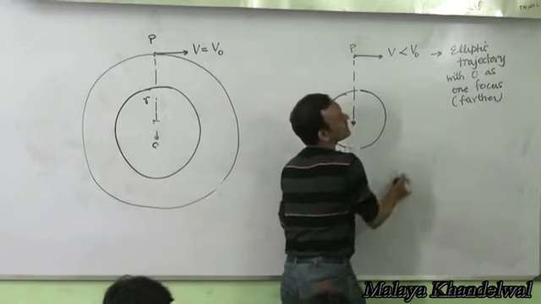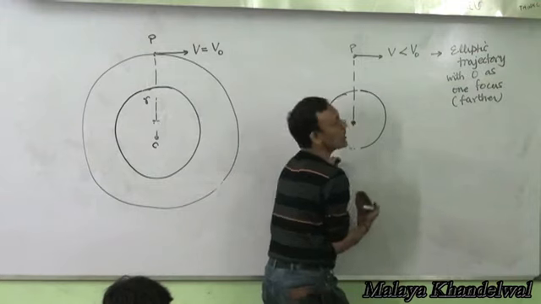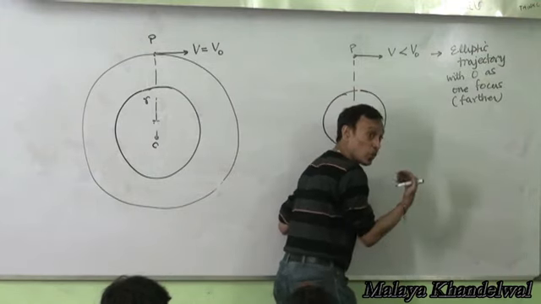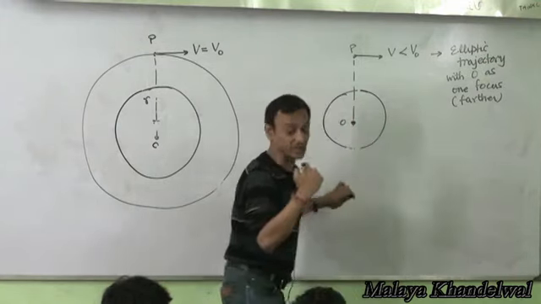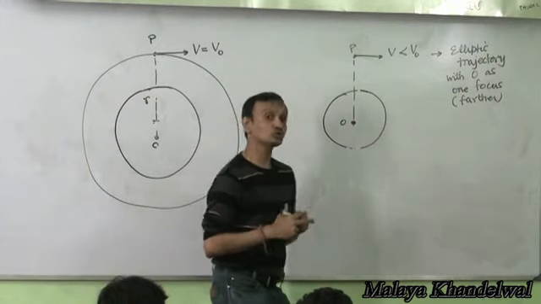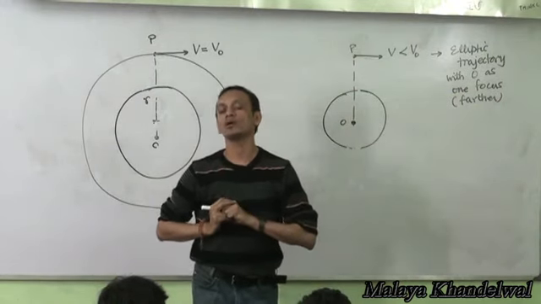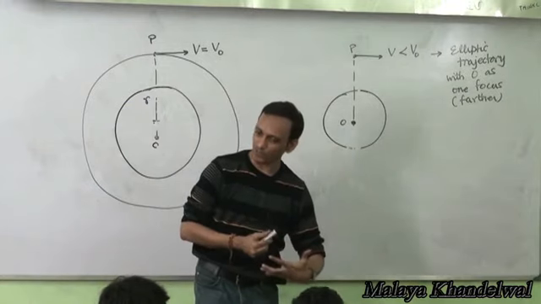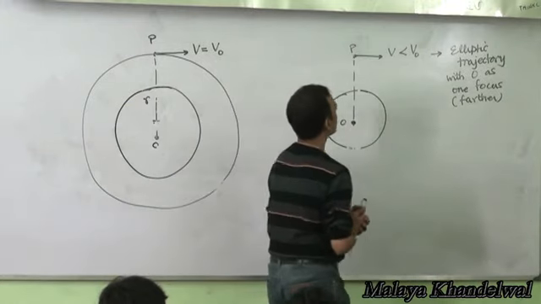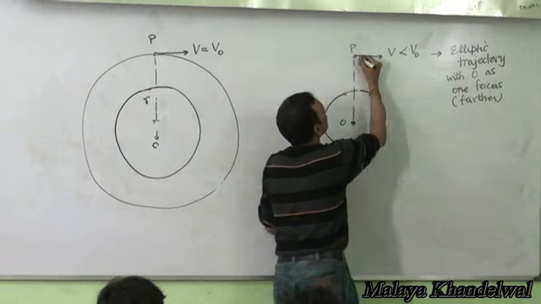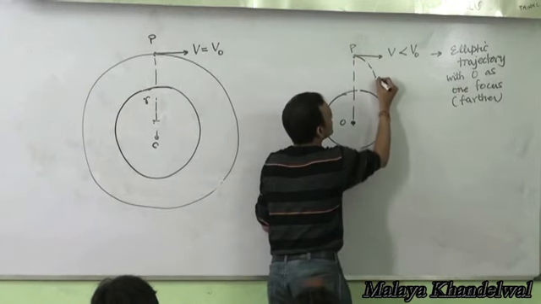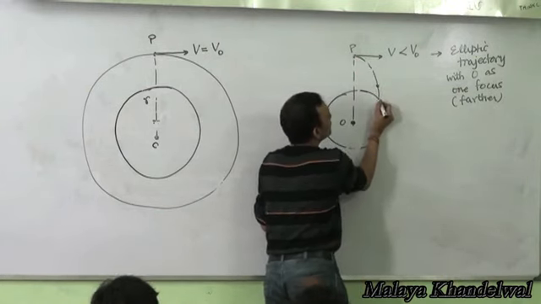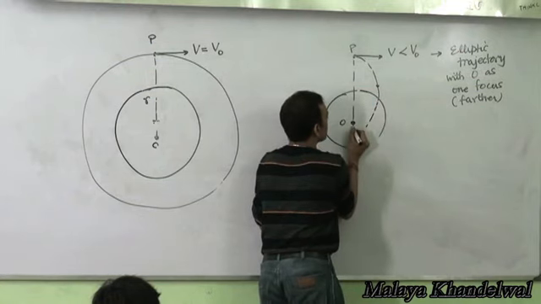So it undertakes an elliptic trajectory with O, the center of the earth, as one focus. Now, two things could happen depending on how much smaller it is compared to v naught. We could have had an elliptic trajectory of this kind. This would have been the proposed elliptic trajectory.